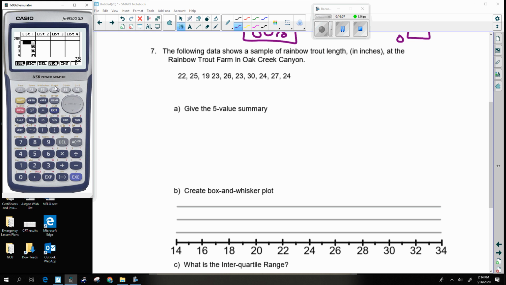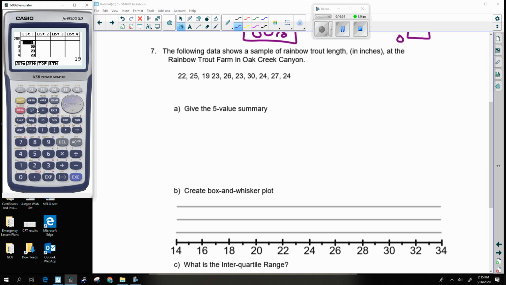Sorry, I meant to delete all. And so I have the numbers 22, 25, 19, 23, 26, 23, 30, 24, 27, and 24. All right. And so what I want to use is this tool, sort ascending, and enter that in. So these are my numbers in order from small to big.